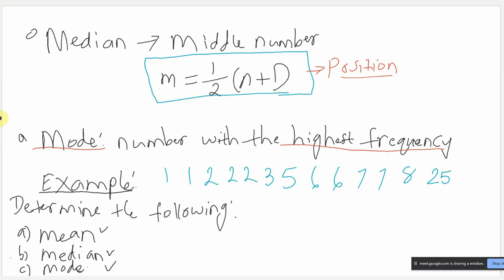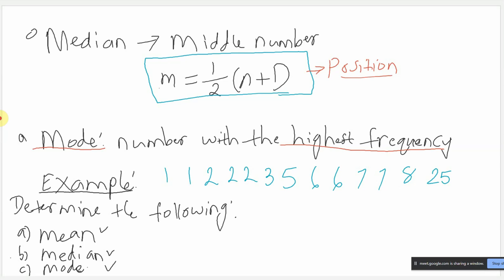So the data, let me count how many values I have. 1 2 3 4 5, 1 2 3 4 5 6 7 8 9 10 11 12 13. Sometimes you can get data which is not arranged.